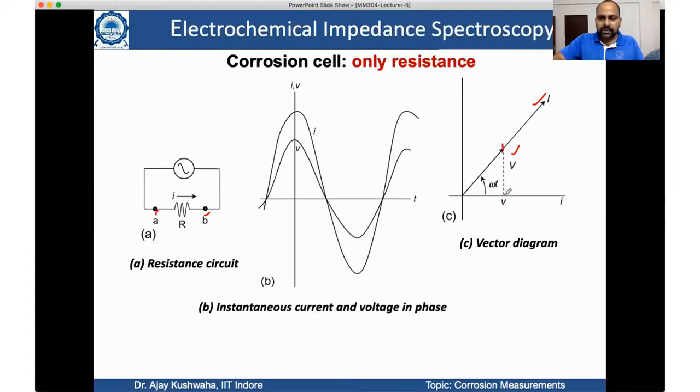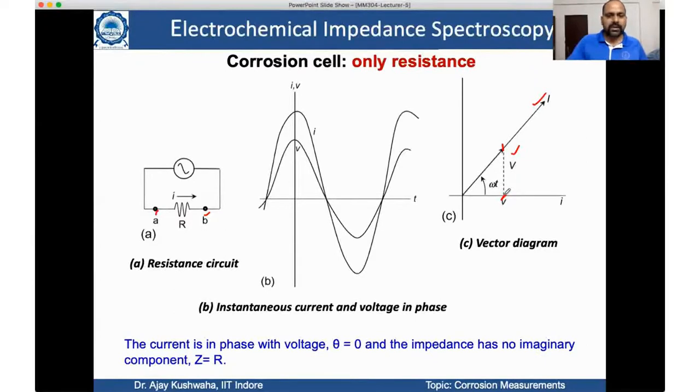So this is the voltage. Similarly, this is the current. So in case of only resistance, both voltage as well as current are in phase, or you can say the value of theta is 0 and the impedance has no imaginary component, meaning it's only resistance, so there's no j value, only Z' is there, Z'' value is 0.